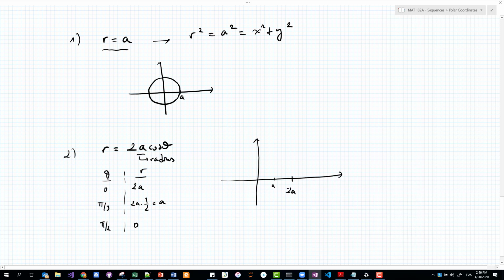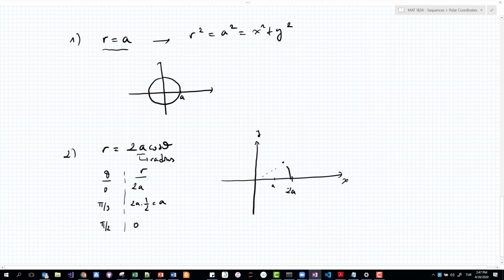So theta is 0, the angle I'm making with the x-axis is 0. That's why r should be equal to a. But when I increase my angle, let's say to pi over 3, I will be somewhere here, but the distance is going to be a. But look at it, when I have pi over 2, the angle I'm making with the y-axis, I need to come back, and my radius should be equal to 0.